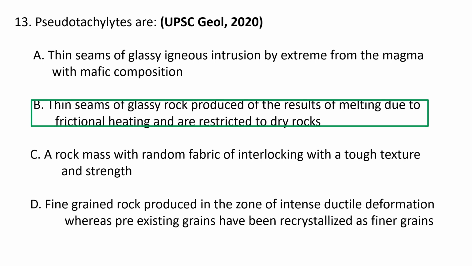So the correct answer is B. Thin seams of glassy rock which is produced as a result of melting due to frictional heating and restricted to dry rocks are known as pseudotachylites.